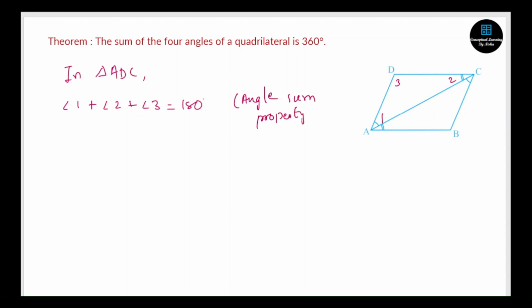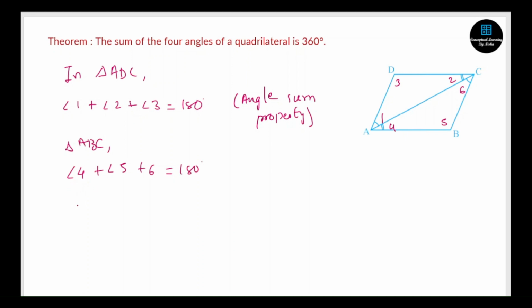Now similarly we have one more triangle, which is triangle, yes, triangle ABC. So here if I just write these as 4, 5 and 6, what can I say? Angle 4 plus angle 5 plus angle 6 equals 180 degree, right?